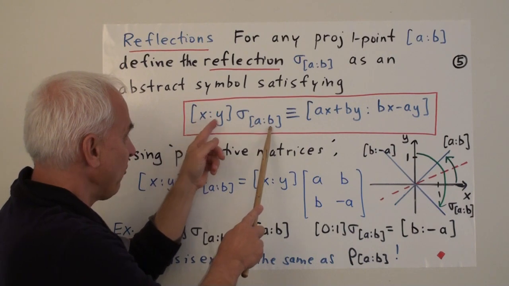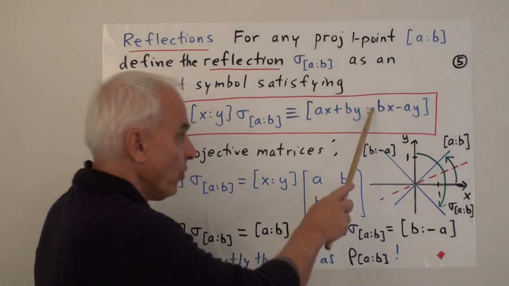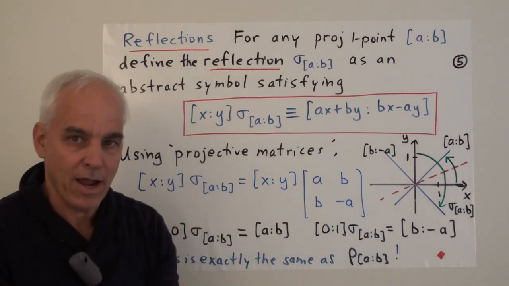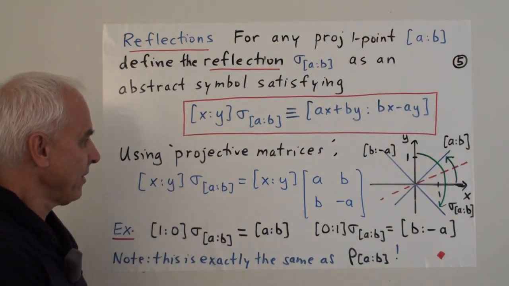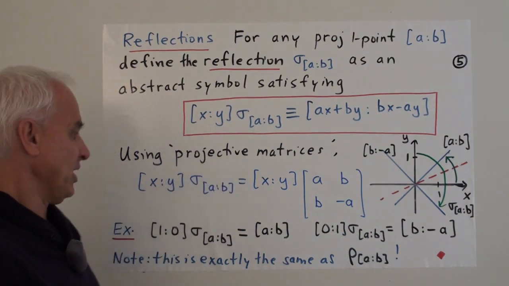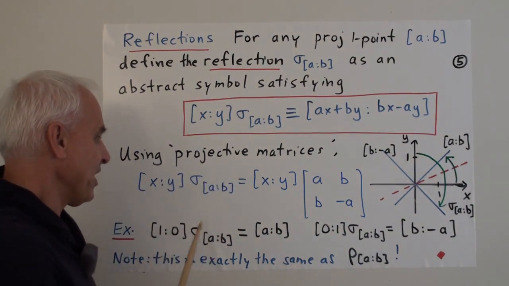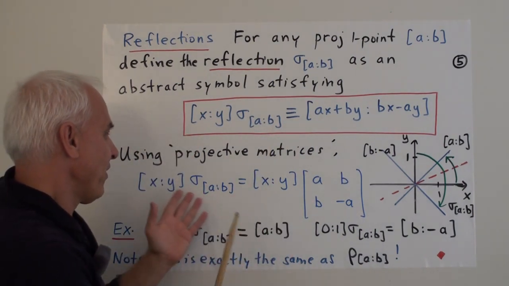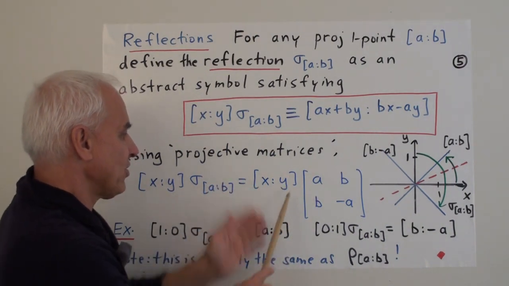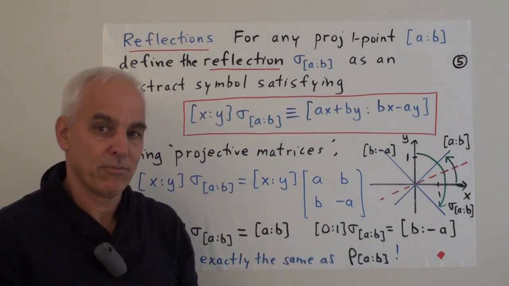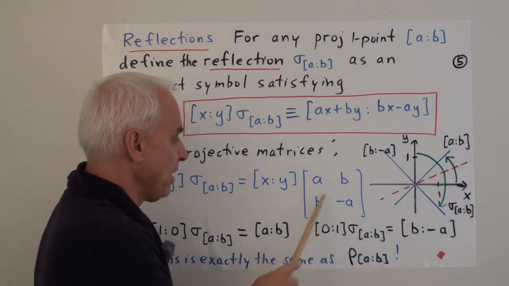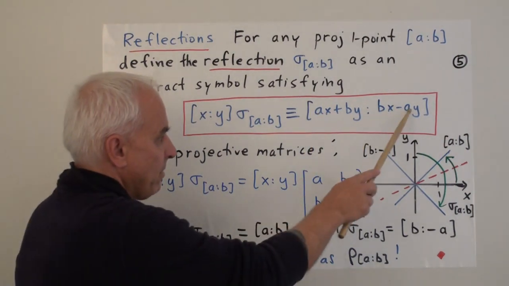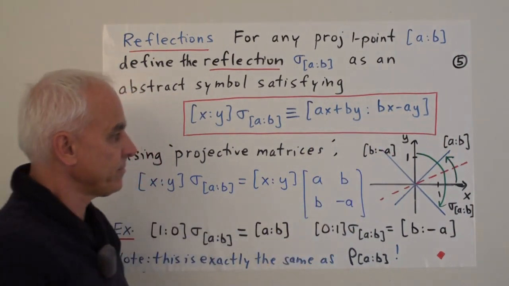It's A times X plus B times Y to B times X minus A times Y. Using projective matrices with a bit of linear algebra, the same formula can be written as this product, x to y multiplied by this particular projective 2 by 2 matrix, a, b, b, minus a. So the a, b here correspond to the first, and the b and minus a correspond to the second.